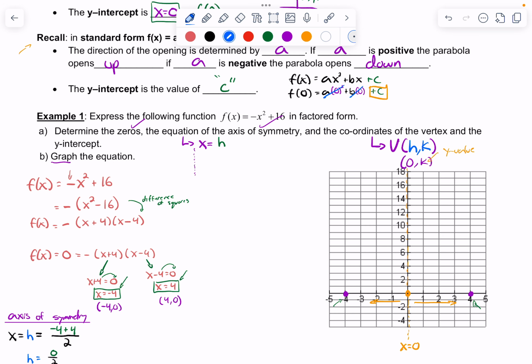So let's calculate our vertex. The coordinates of the vertex, well, we get that when we evaluate our function f at the h value. And so if we have our function, which is written as f of x is minus x squared plus 16.